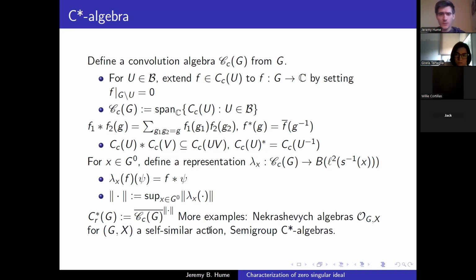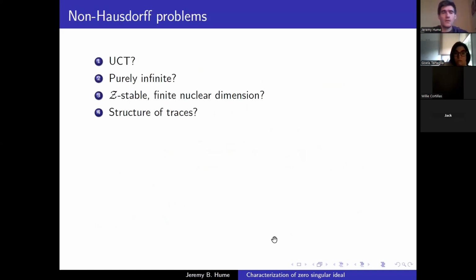So some more examples that are modeled by potentially non-Hausdorff étale groupoids are Nekrashevych algebras associated to self-similar actions, as well as semigroup C-star algebras. Unlike their Hausdorff counterpart, non-Hausdorff étale groupoids are still relatively poorly understood.